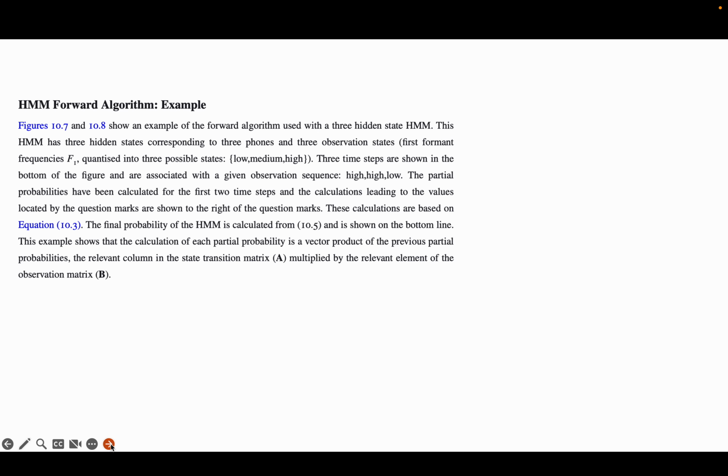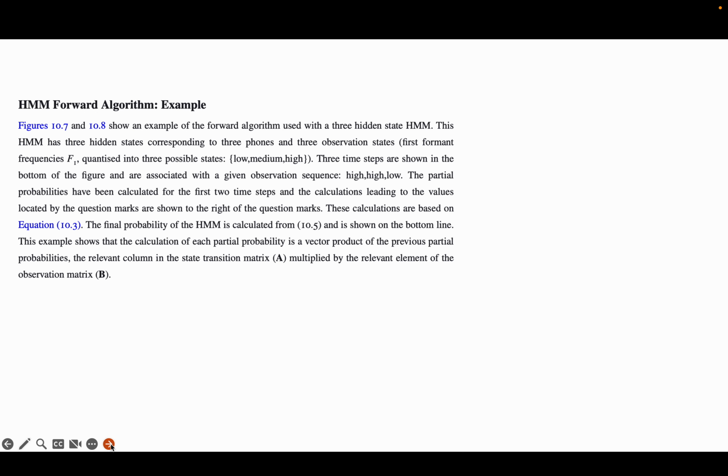As an example, there are a couple of figures that show this forward algorithm using a 3 hidden state hidden Markov model. The hidden Markov model has 3 states that correspond to 3 phones and 3 observation states. The observation state will be the first formant.